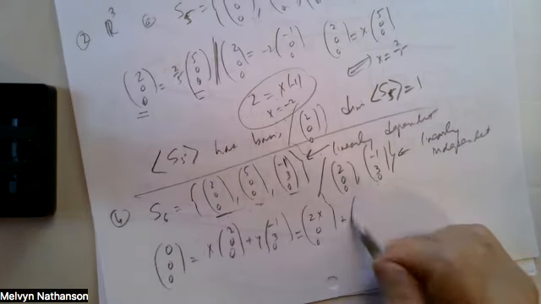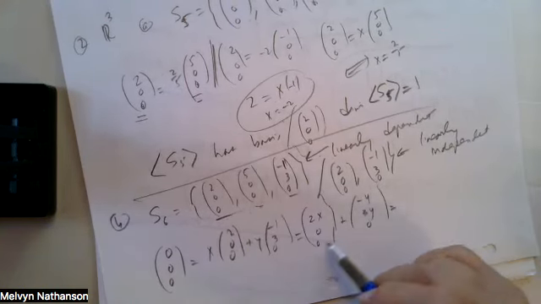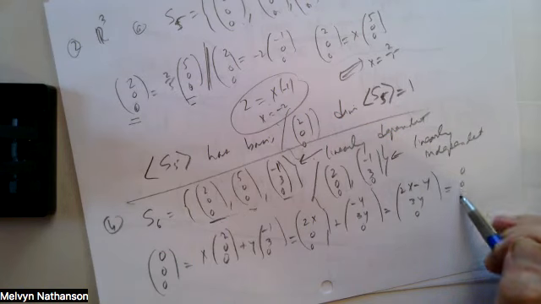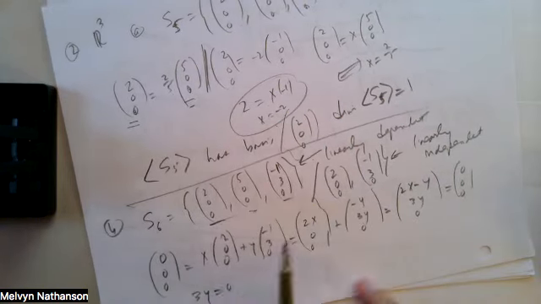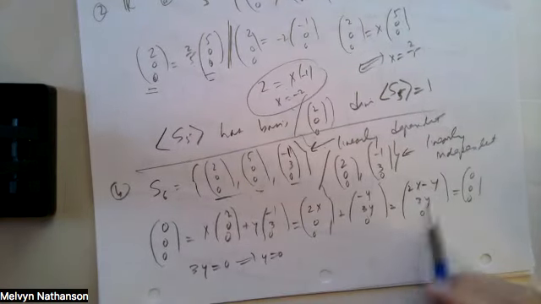And y times this vector is (-y,3y,0). And if you add these vectors, you get (2x minus y, 3y, 0). And that's going to be (0,0,0). But then 3y has to equal 0, which means y equals 0.